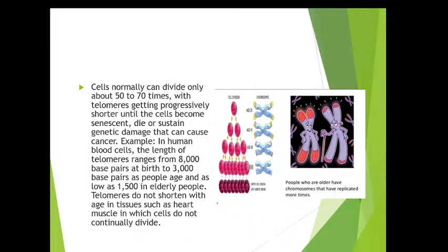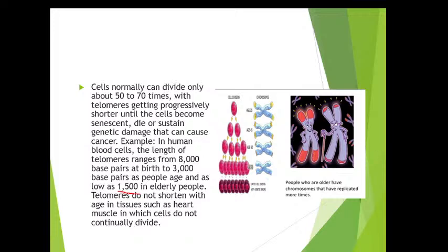The length of the telomere ranges from 3000 base pairs down to as low as 1,500 in elderly people. The number of base pairs at the end of the chromosome will be less compared to the young stage.